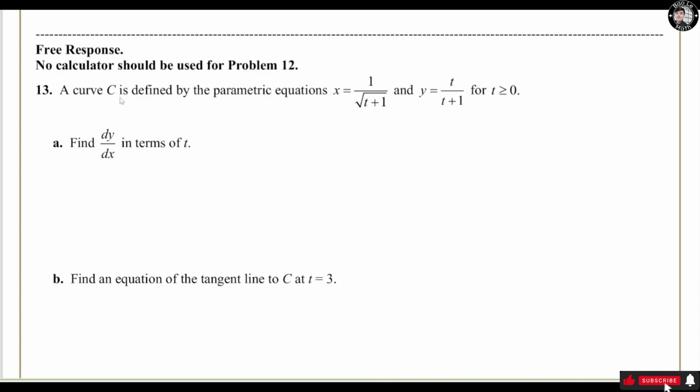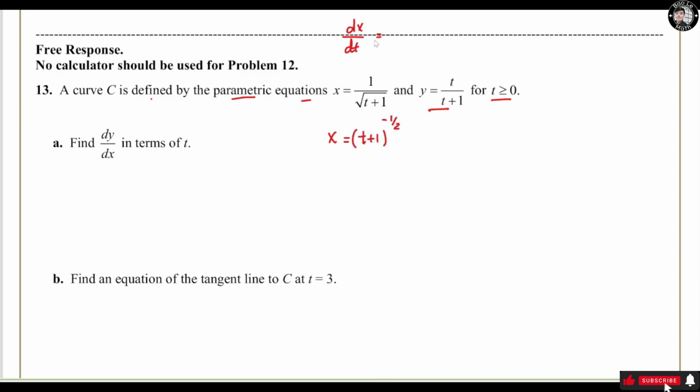A curve C is defined by the parametric equations, this guy and this guy, for t greater than or equal to 0. Find dy over dx in terms of t. So we need to find dx over dt first. Now we can rewrite this one so that we can use the power rule. So we have t plus 1 to the power of negative 1/2.